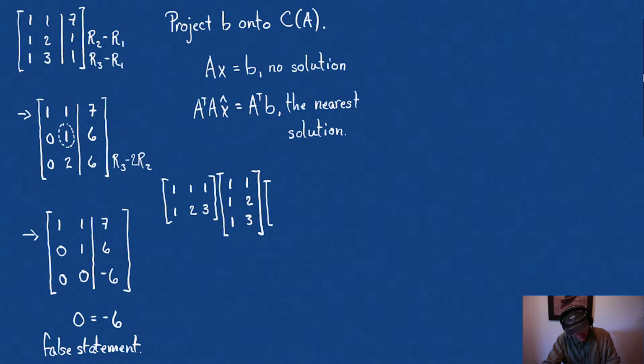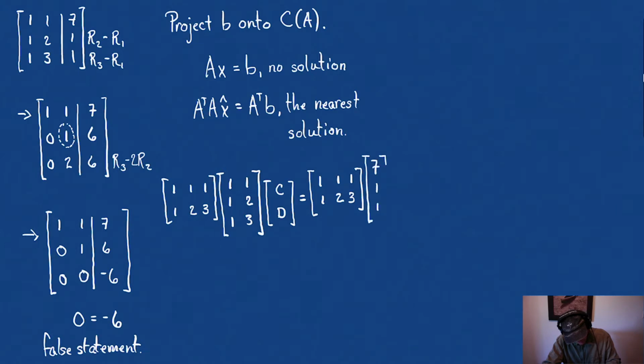We could use C hat and D hat maybe to show that's not the original C and D, but we're just going to say it's our C and D because that's what we really wanted. Equals 1, 1, 1, 1, 2, 3. And if you remember, our original B vector is 7, 1, 1. All right, here we go.